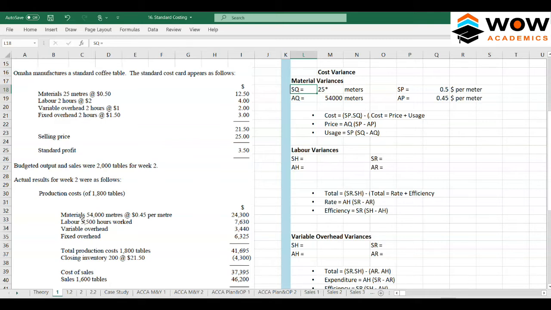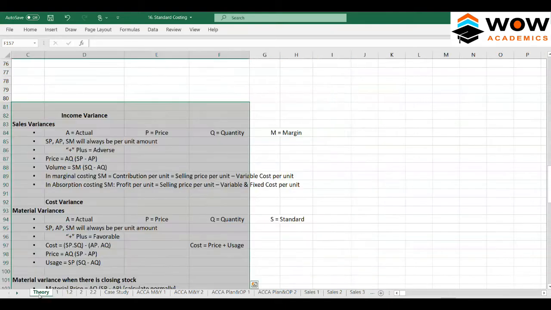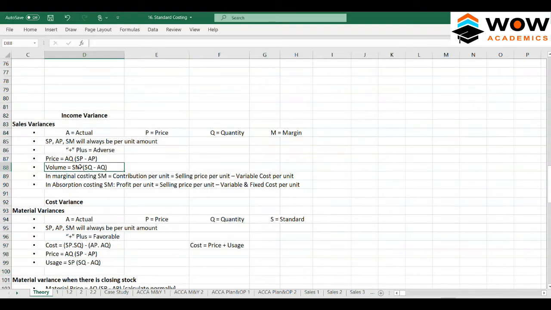So multiply the standard quantity per unit into the total actual products produced, that is 1800 tables.